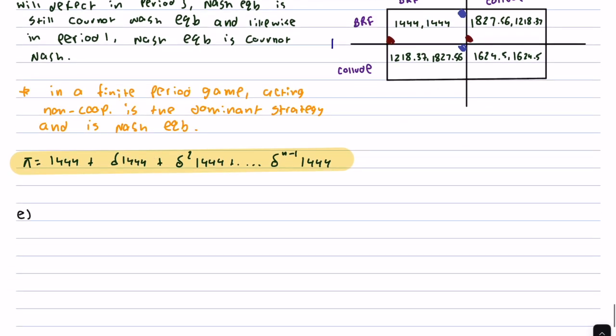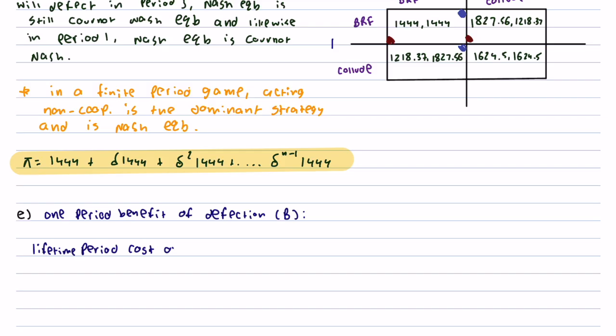First, we have to find the one period benefit of defection, which we're going to denote as B. And we have to find the lifetime period cost of defection, which we're going to label as C, right?